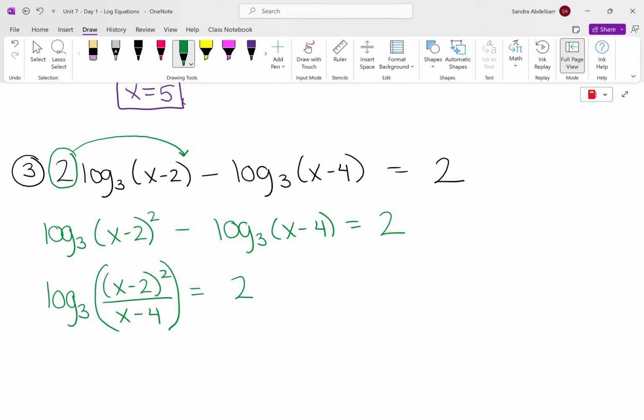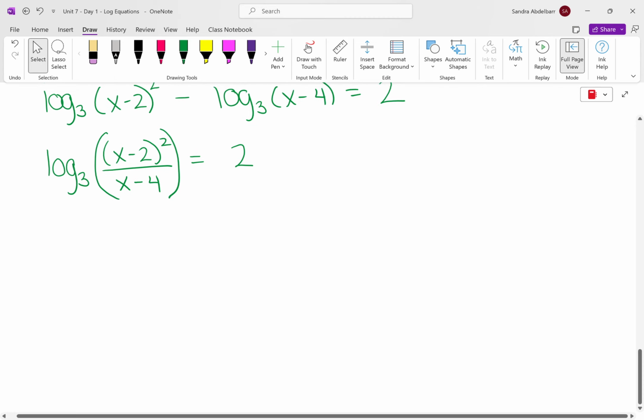Your goal always is to get the log down to one log, one base, one argument, nothing else with it. Have we done that? Yeah. Now that I have that, it's log equals number. So now we change it back into exponential. Remember, log, base, answer equals exponent.